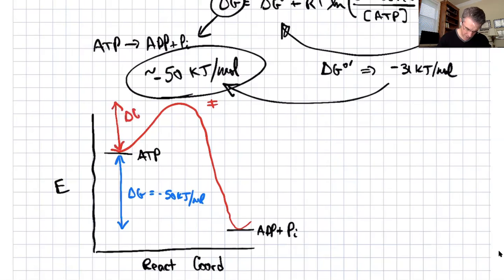So that delta G naught prime double dagger is large, positive, and unfavorable, which is perfect. That's exactly the situation. There's your cocked spring, right? It's pulled back, we stored the potential energy, held back, stabilized by this unfavorable kinetic barrier. And now all we've got to do is figure out some way to release it, right?